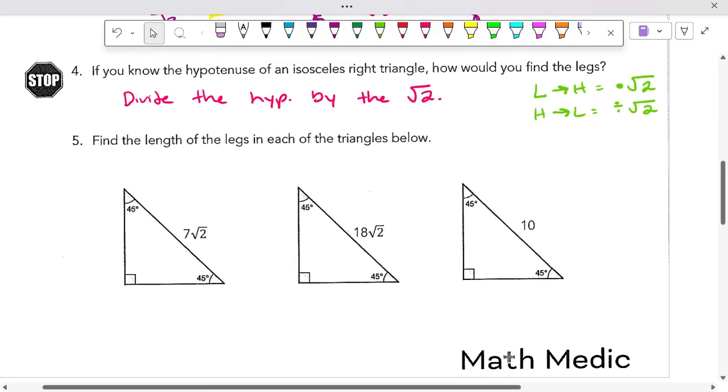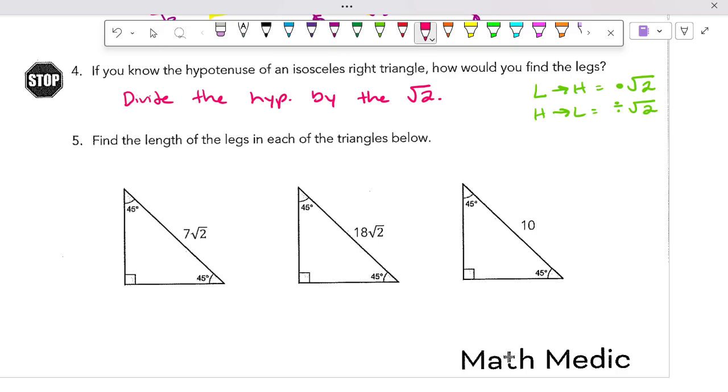So, all right. Let's see, Amelia was the last person to talk. So Amelia, pick someone to tell me how to find the first triangle's legs. I do 7 square root of 2 divided by the square root of 2.